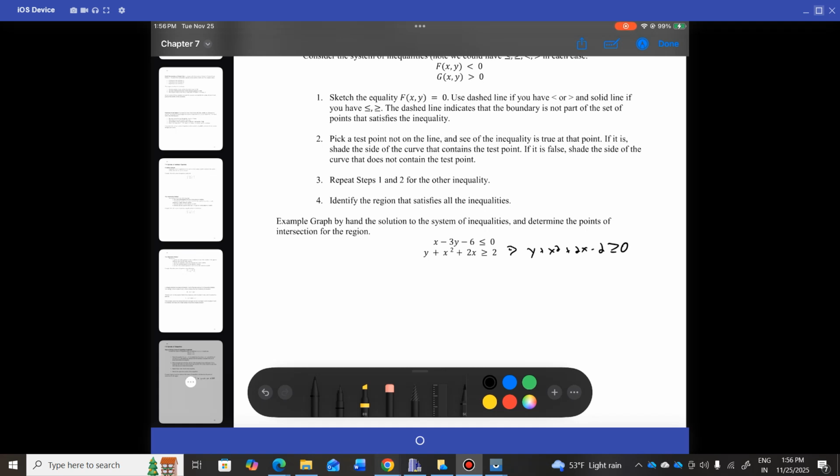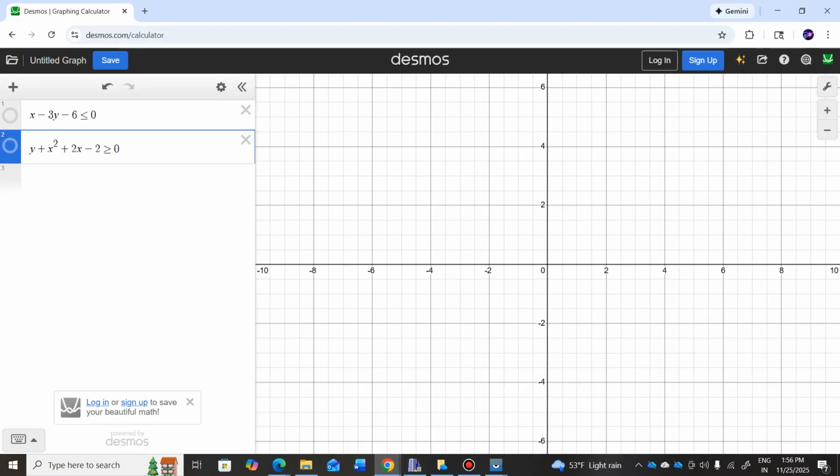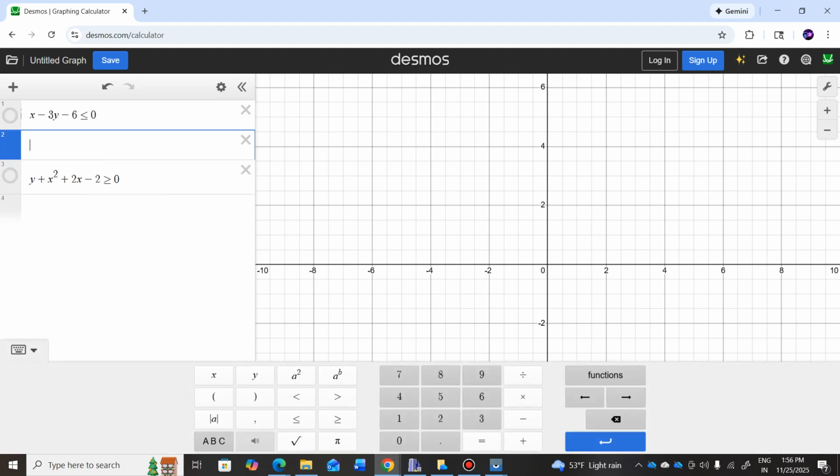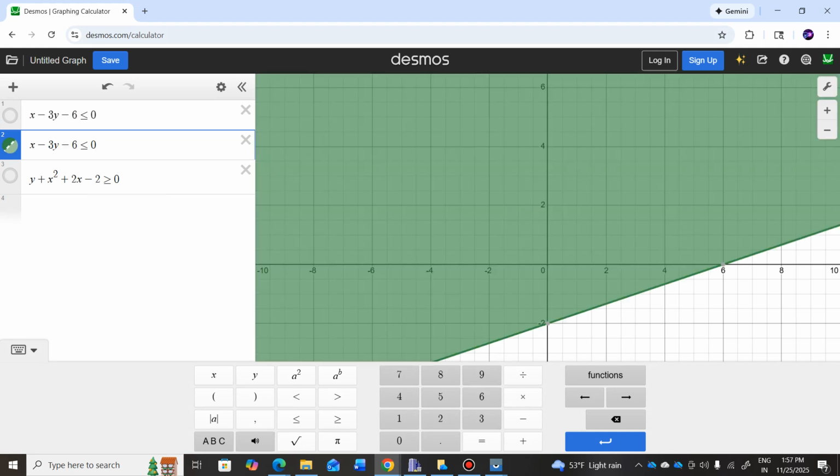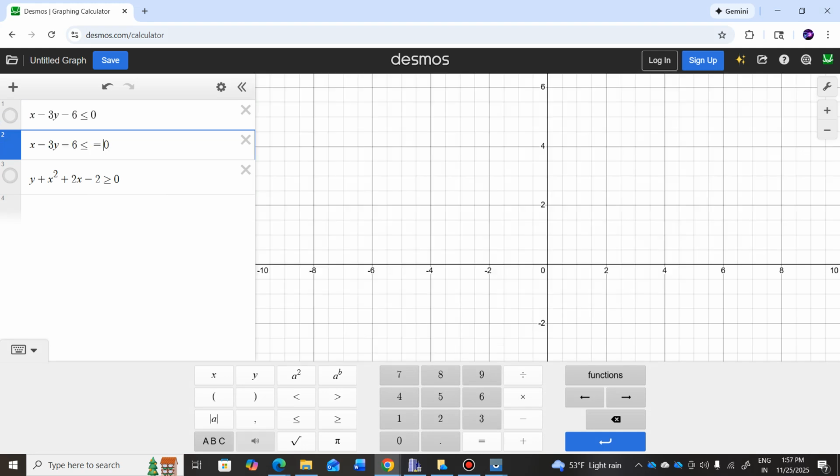Alright, so we're going to go into Desmos and graph these. So I have the equations in here. Actually, before we do that, I want to do it this way. So this first graph, we'll just put an equal sign. Okay.